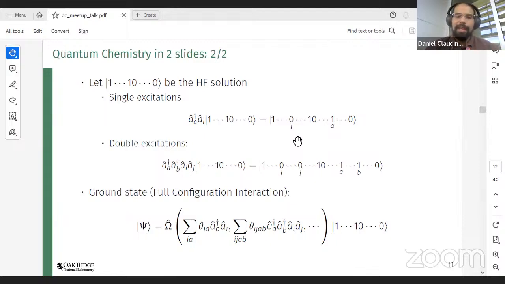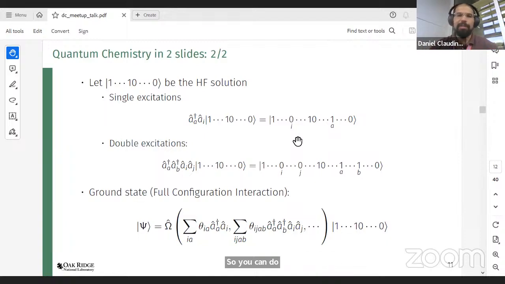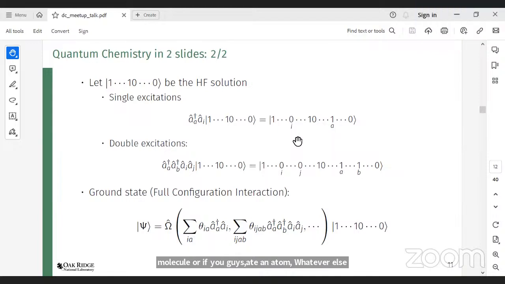There are methods that build upon, I think that's what you're conceptualizing here: if you have fragments or molecules that are far apart, or even atoms, then you use the ground state of each one of those subsystems to compose the composite system. You can do that, but once you apply this, you apply it to whatever system you chose. It can be the molecule, or if you isolate an atom, it can be the atom, or whatever else. Okay, thanks. Right.